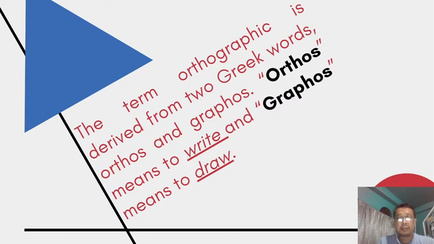Orthos means to write, and graphos means to draw. Meaning, we present our drawing by writing all the dimensions and information of the object, and we can also draw the object in different views using the orthographic method.